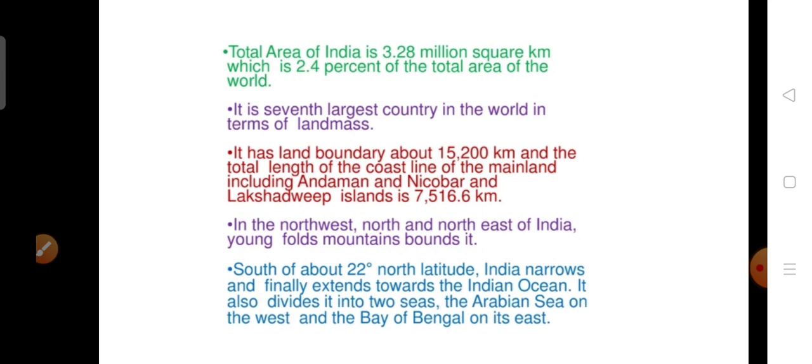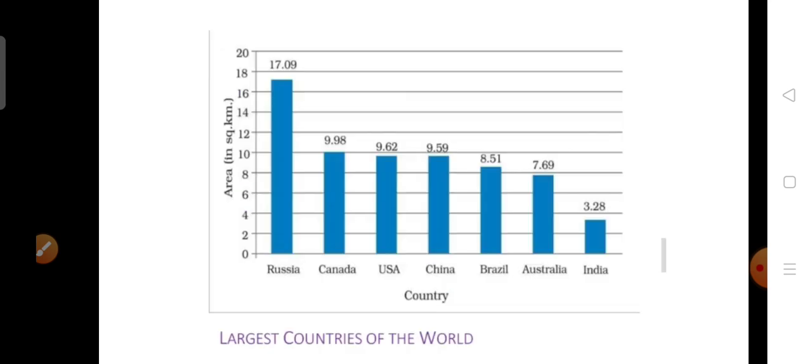It is the 7th largest country in the world in terms of land mass. As you are seeing this chart, this graph is showing the 7 largest countries in the world area wise. If we compare these countries area wise, India is holding 7th position in the world. Russia is on the first position with the area 17.09 million square kilometer.